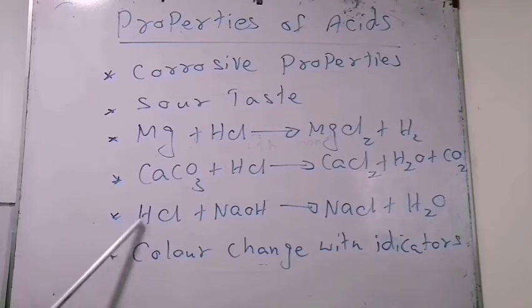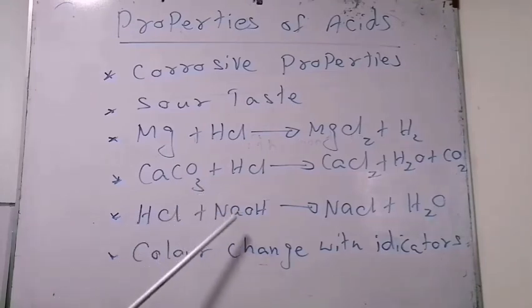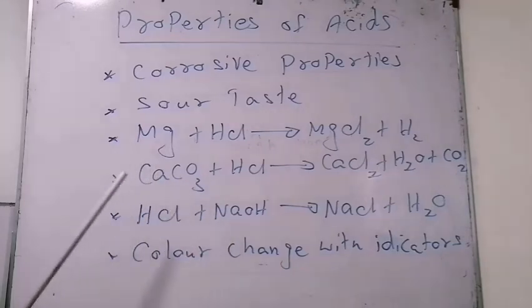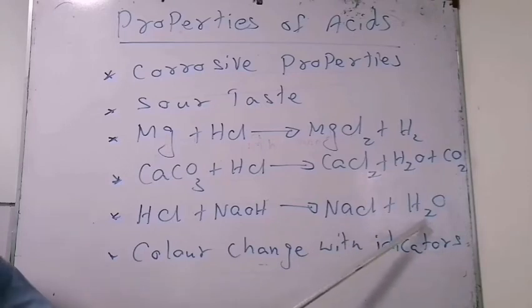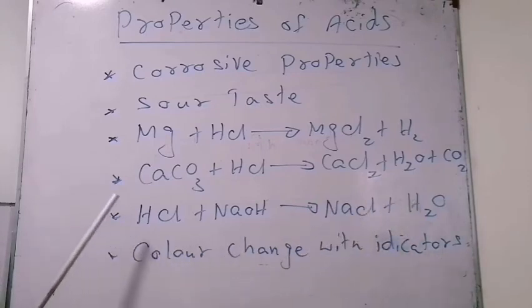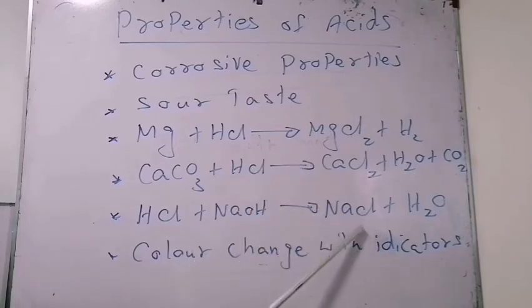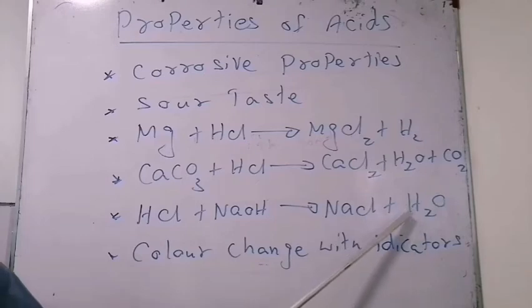And although we haven't studied bases, in the next lesson we are going to study bases. Sodium hydroxide is a base. Acids react with bases forming their salt and a water molecule. Here, hydrochloric acid reacts with sodium hydroxide, producing the salt sodium chloride, which we call common salt, and a water molecule.